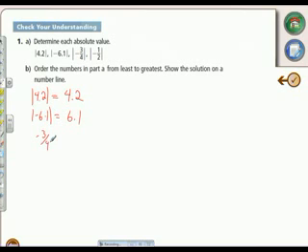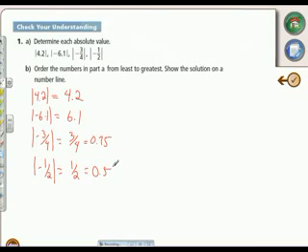Negative 3 over 4 is positive 3 over 4, which, because the other two are in decimals, I'm just going to take it to a decimal as well, so next part I got to put them in order, so I need to see what they are. And negative 1/2 is equal to 1/2 positive, or 0.5.